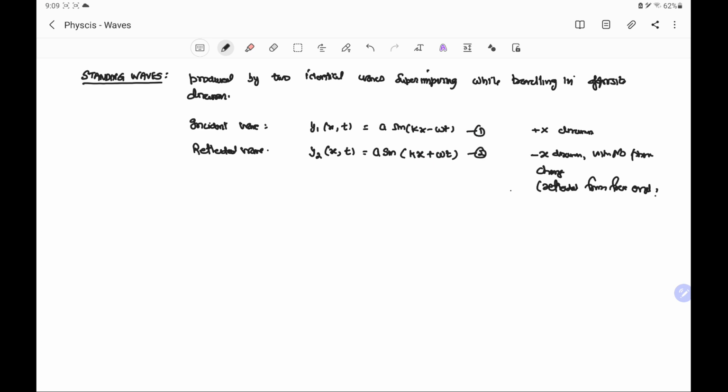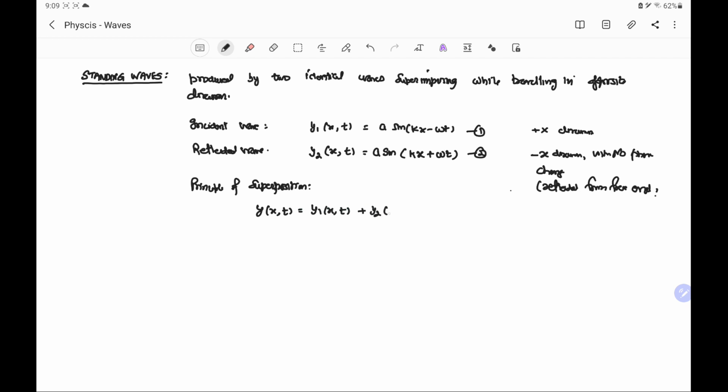Now these two waves meet and superimpose, resulting in the standing wave. By the principle of superposition, we can write y(x,t), the resultant wave, equal to y1 plus y2, the algebraic sum of the two waves.